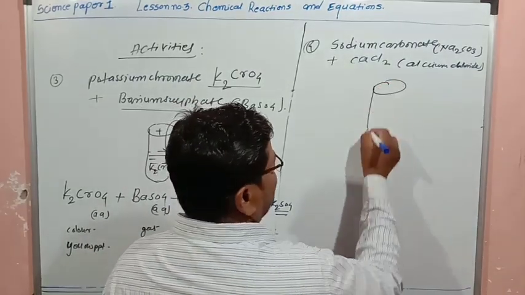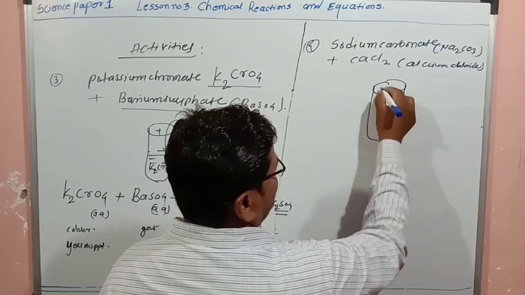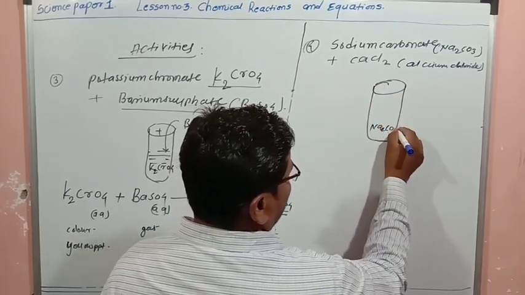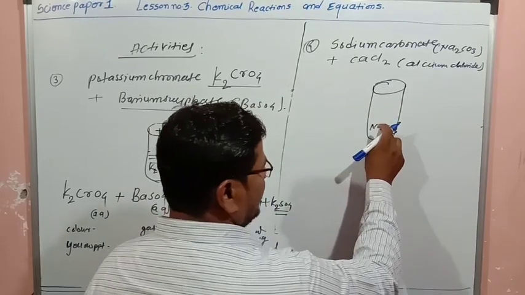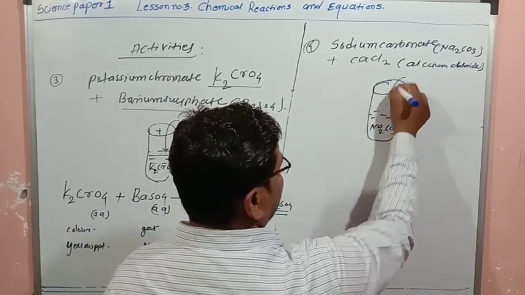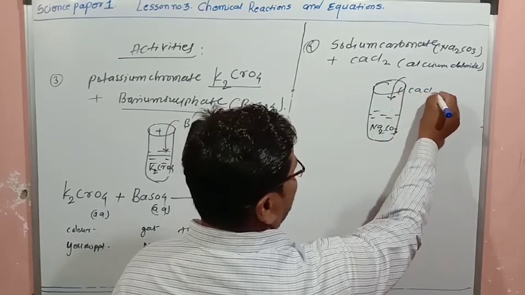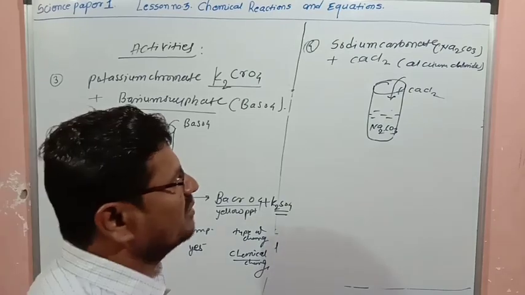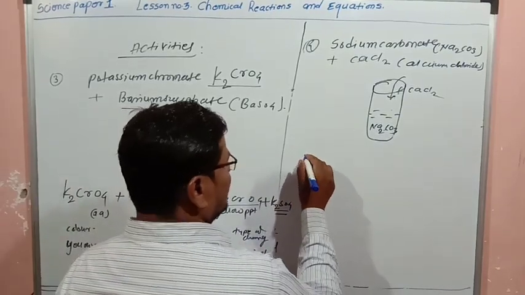Suppose you take in a beaker or in a glass vessel Na2CO3, sodium carbonate, and in that if you add CaCl2, then a chemical reaction will take place. What type of chemical reaction will take place, that one we will write.